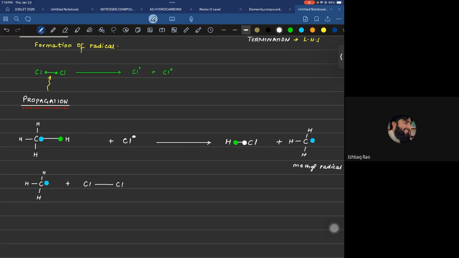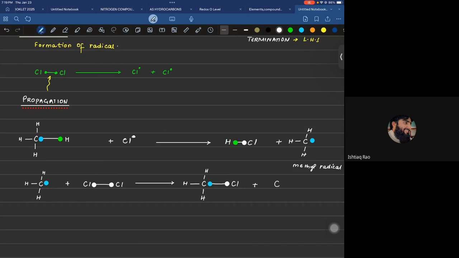Remember, this is an electron of chlorine. Then obviously you can see this. The new bond is going to be formed between carbon and chlorine. So this was an electron of this carbon, and the new electron is this.